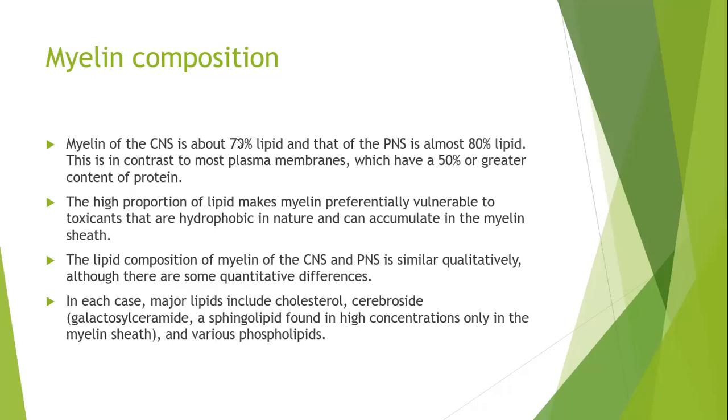If I go to the plasma membrane of most cells, you find that 50% or even greater will be protein. So if you remember the function of those proteins, some of them are carrier proteins, some of them form channels, some of them are receptors, some of them are structural.